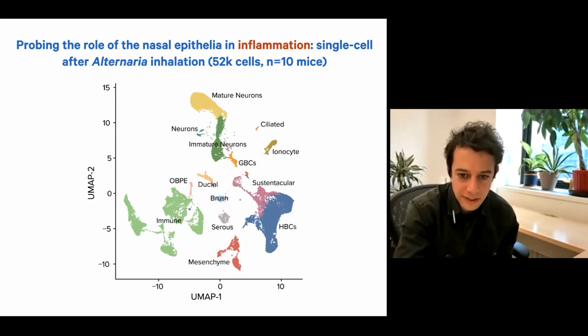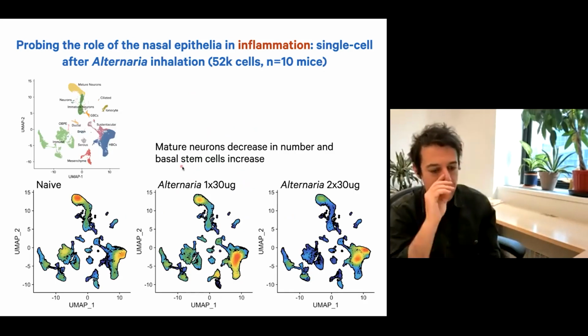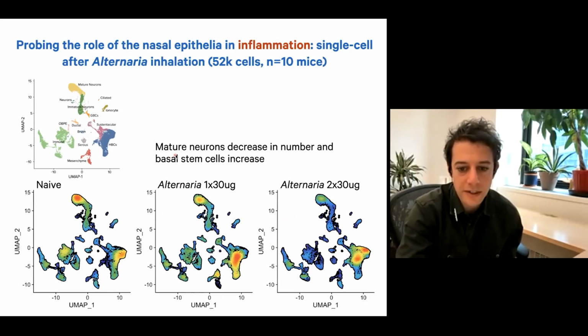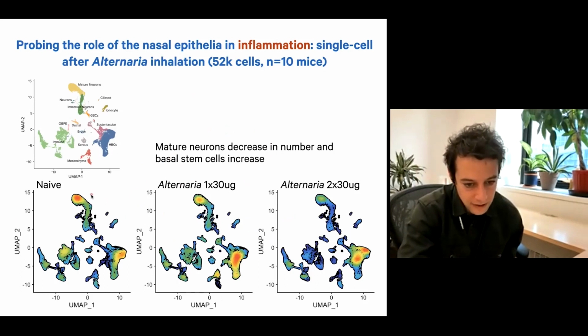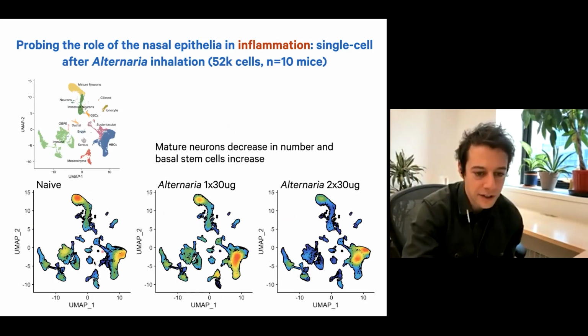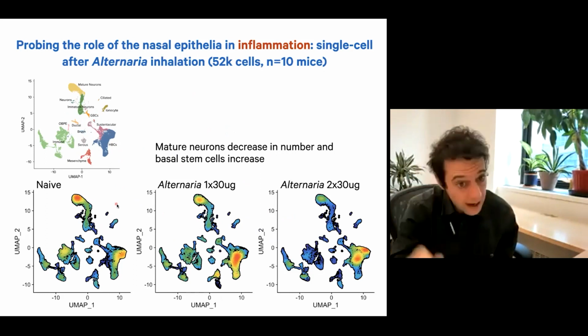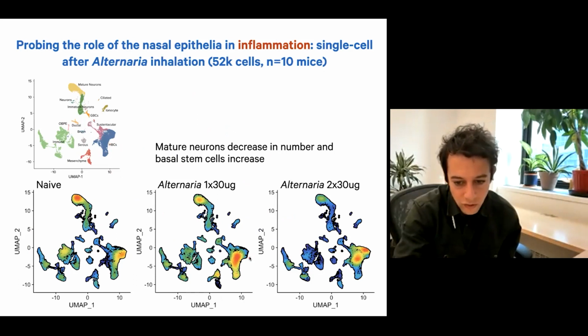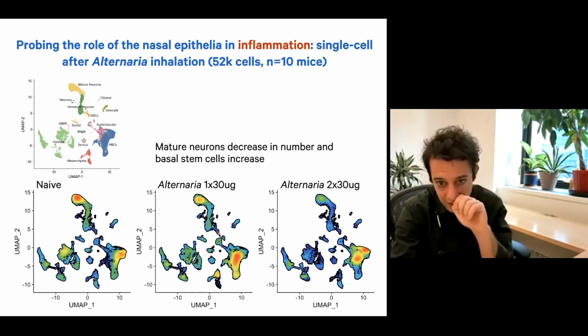And the first thing we really noticed when we looked at how this distribution changed in the presence of the allergen is that here we can color this UMAP embedding, instead of coloring it by cell type at the top, we can color it by density. And we saw that this population here, the stem cell population, really increased in number in the presence of the allergen.